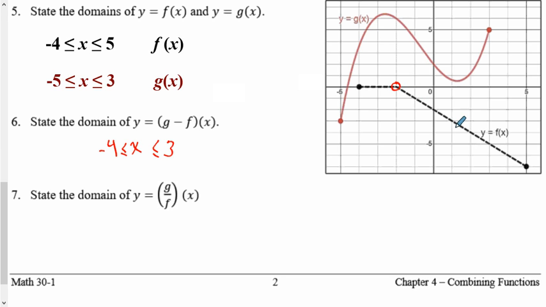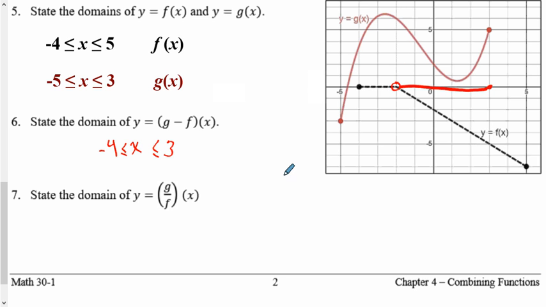But then once I pass this point again, my f of x function is defined, but g of x isn't. And so my domain will be in between these values. So as far as both functions are defined, and then in this direction, as far as they're defined, but also the denominator is not 0.